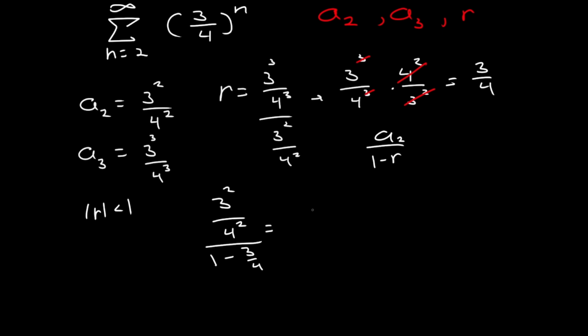This is equal to 3 squared divided by 4 squared divided by 1/4. We can multiply by the denominator's reciprocal to get 3 squared divided by 4 squared times 4. This will cancel out the 4 and get rid of this exponent, leaving us with 9/4.